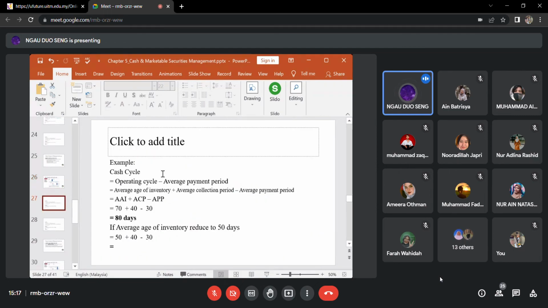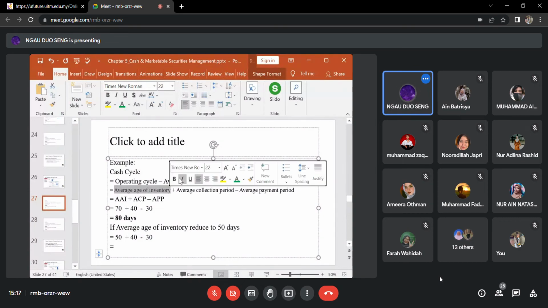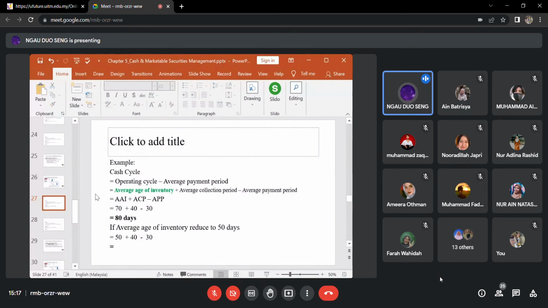So here is an example, we focus on inventory. Previously it was 70 days. Now if you reduce to 50 days, so 50 plus 40 minus 30, what is it?